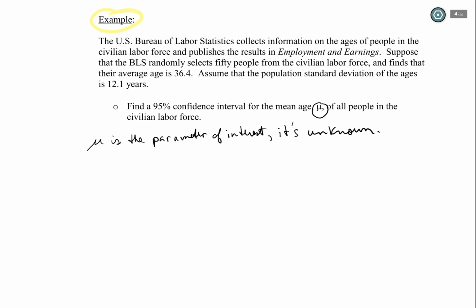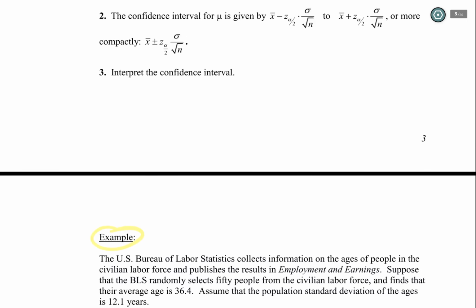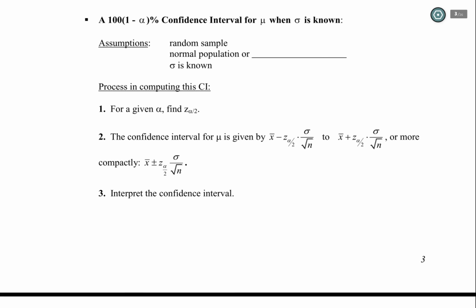Alright, so let's go back here, motivating this idea. We want to estimate this parameter with an interval. Here's the method that allows us to look at a confidence interval for mu, the population mean, when sigma is known.